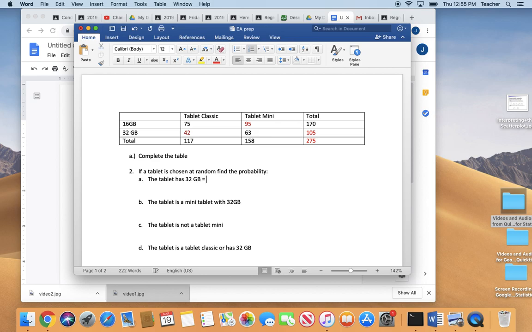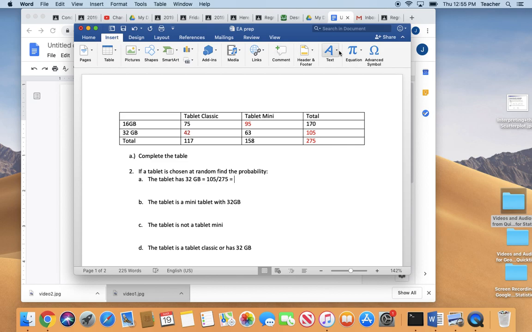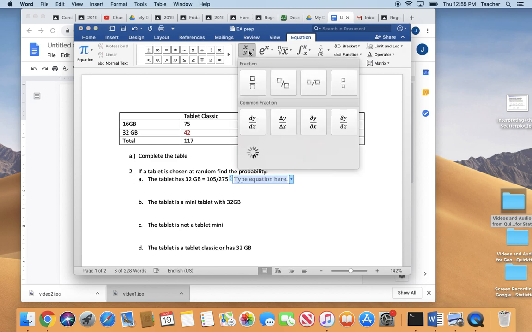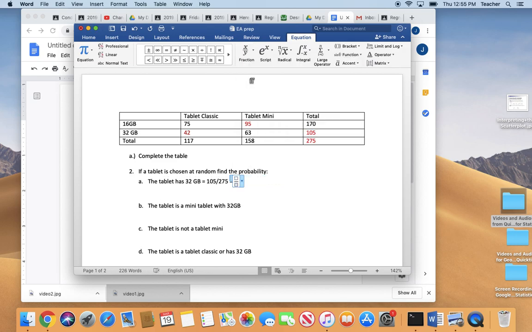So in this case, this probability would be 105 over 275, which reduces to 21/55. So I would write in there, this answer is 21/55.